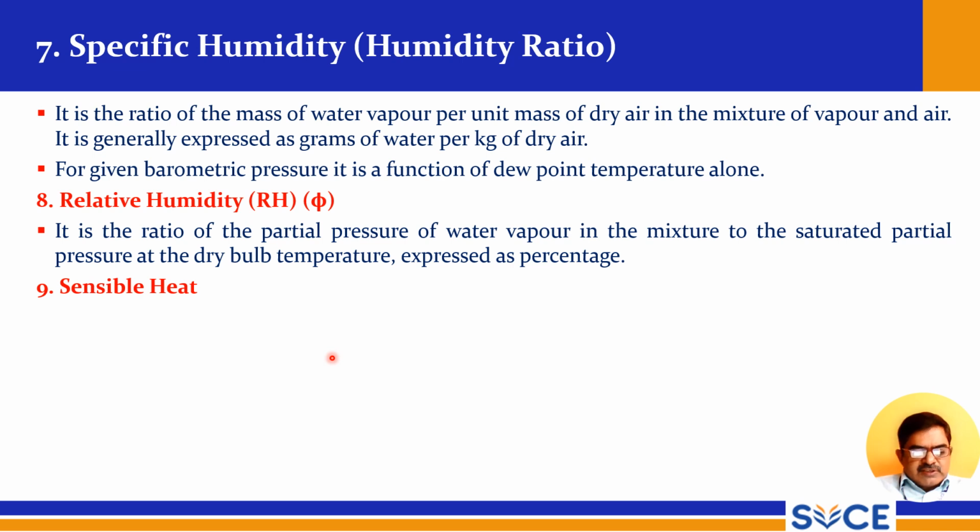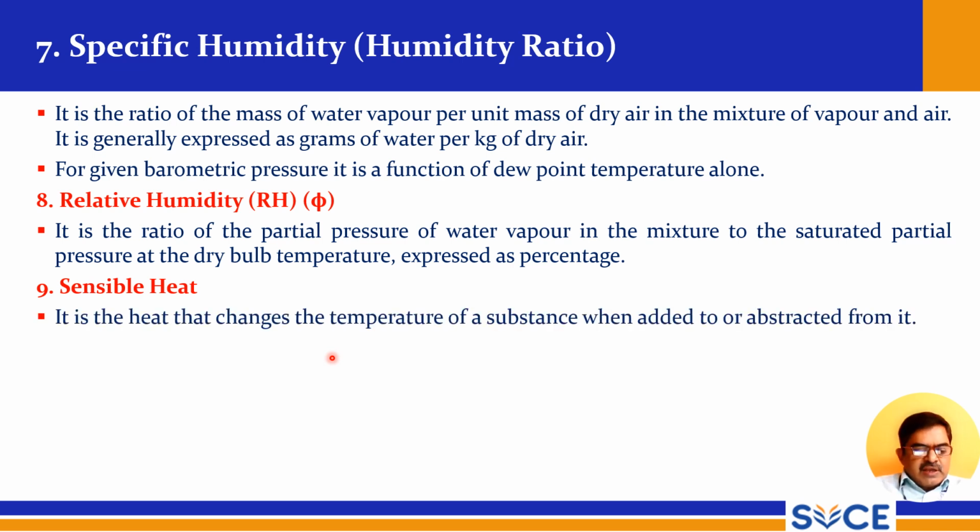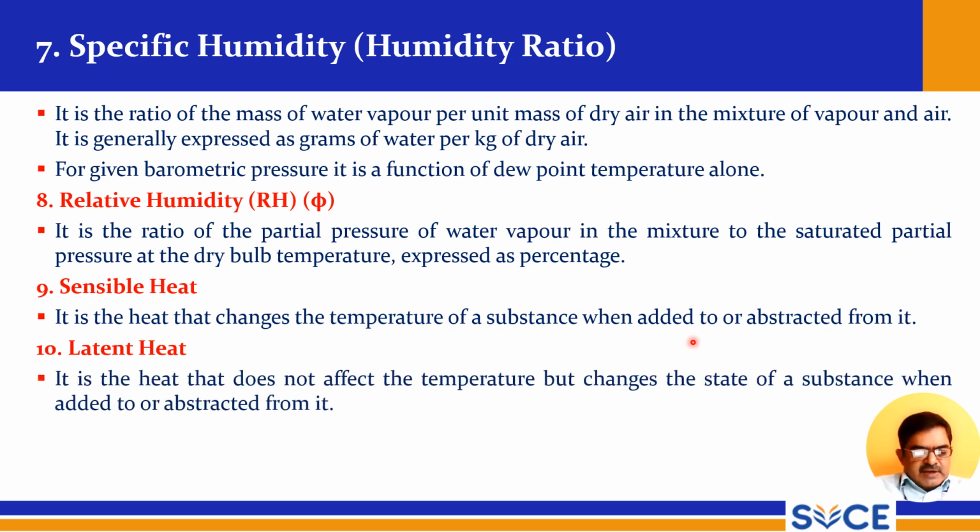And now sensible heat. It is the heat that changes the temperature of a substance when added to or subtracted from it. So that is sensible heat. Next is latent heat.